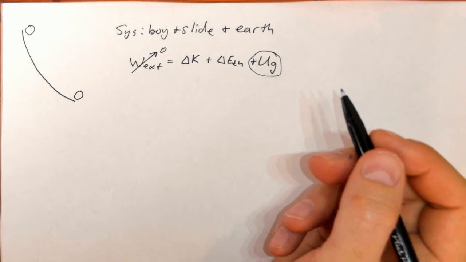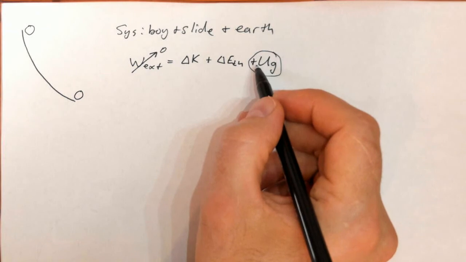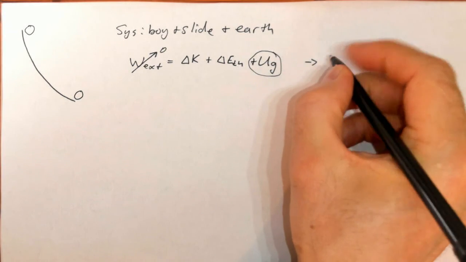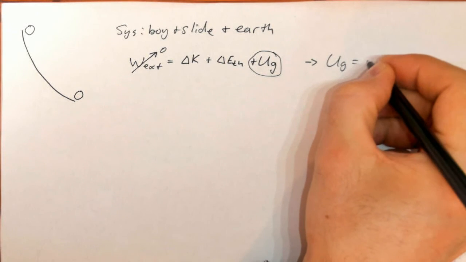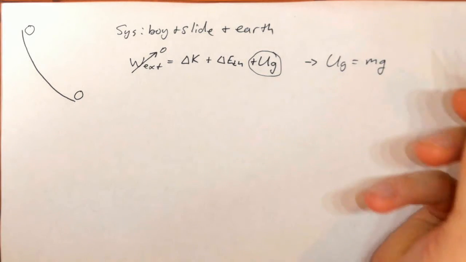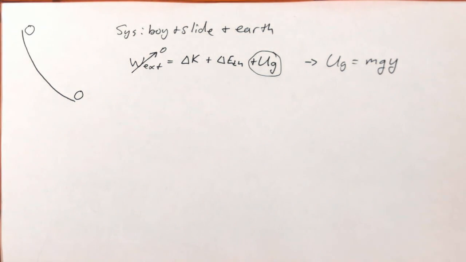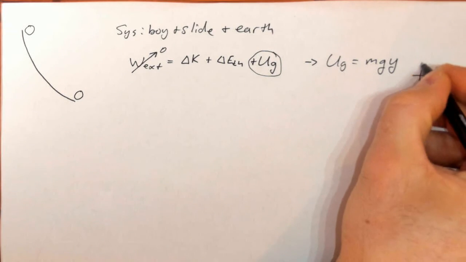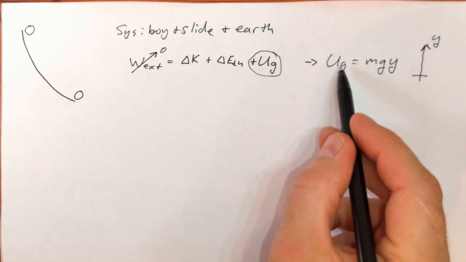And I'll leave the derivation for the text, but what we end up with is a definition that gravitational potential energy, U_G, is equal to the force of gravity times the vertical position. Now, something important is that the vertical position, or our coordinate, needs to be measured upward as positive to be able to consider this.